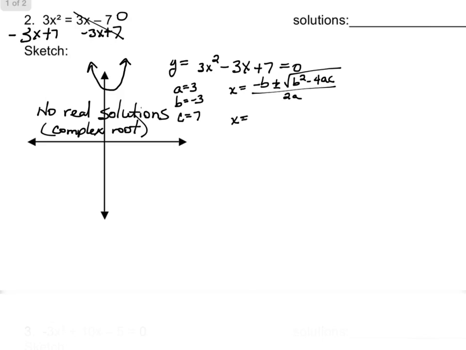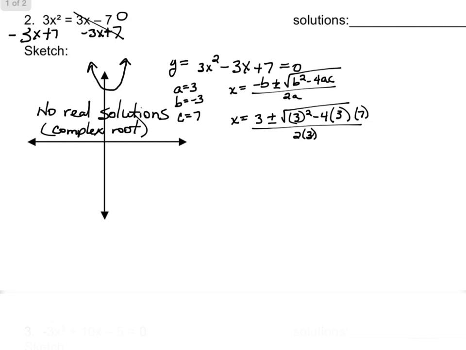So negative b is going to be positive 3, plus or minus the square root of 3 squared minus 4 times 3 times 7, all over 2 times 3.